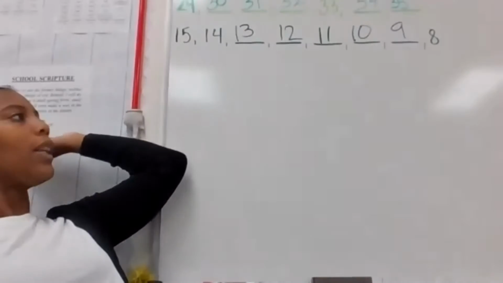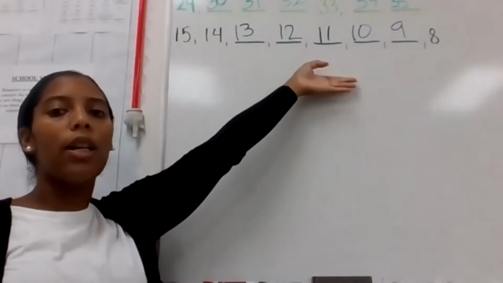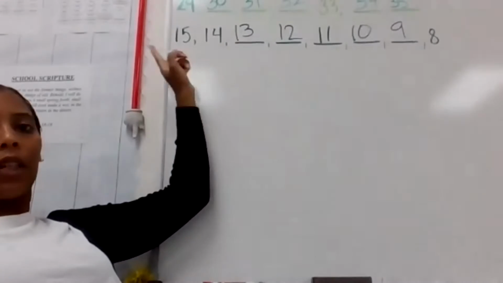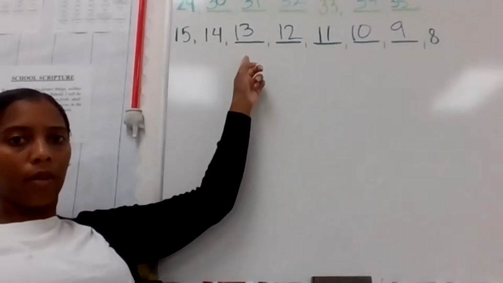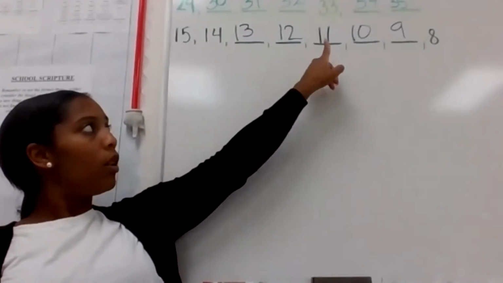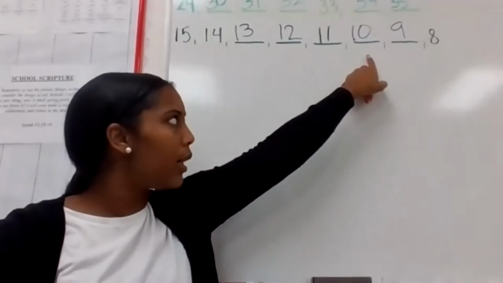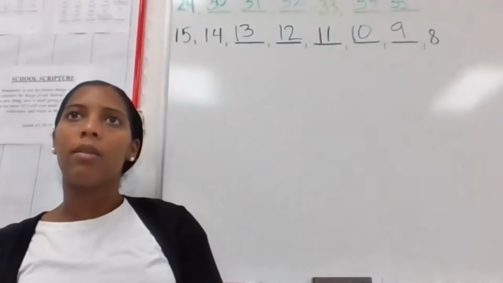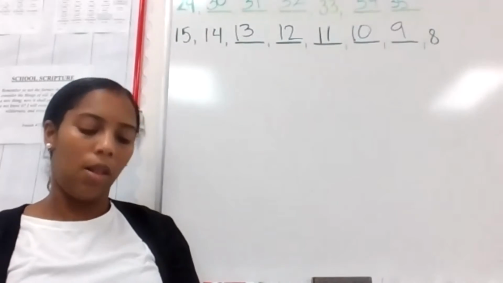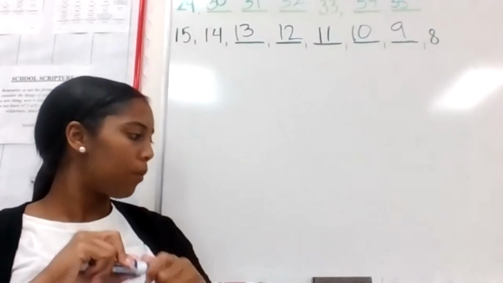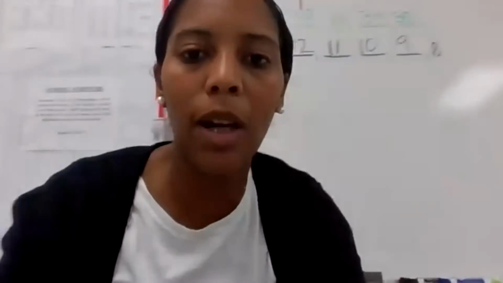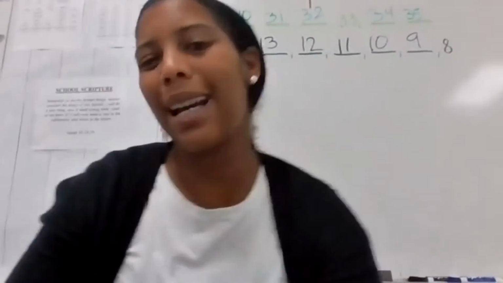So let's count what's on the board backwards, and let's keep going all the way to 0. 15, 14, 11, 10, 9, 8. Keep going. 7, 6, 5, 4, 3, 2, 1. Awesome. So that's just counting backwards.